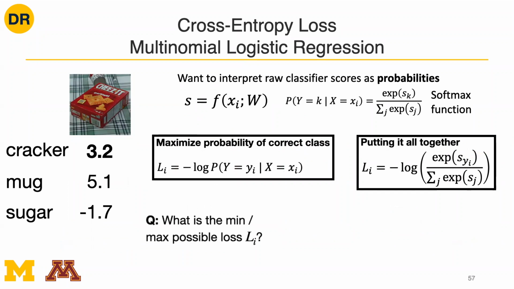So let's think about a few things here. What do you think is the minimum and maximum loss that one can expect based off of this formulation? Anybody want to take a guess? Loss is negative log of the probability. What is the minimum and maximum possible loss?